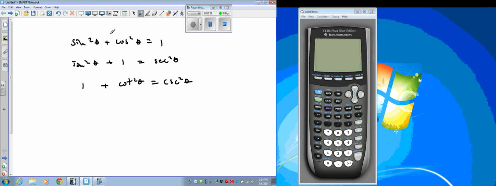Then it's talking about the quotient identities. The tangent of an angle is the sine of the angle over the cosine of the angle.